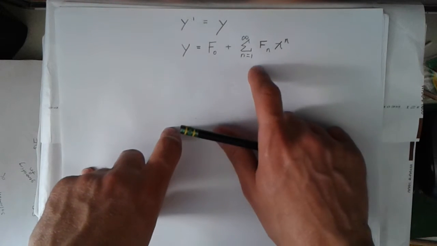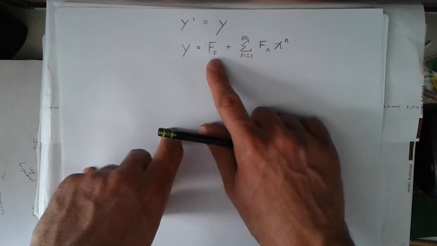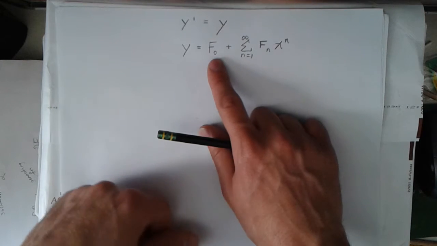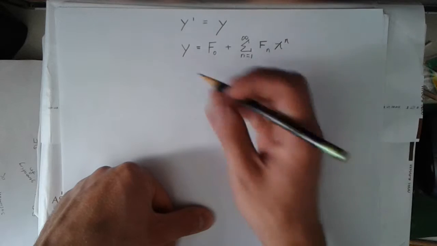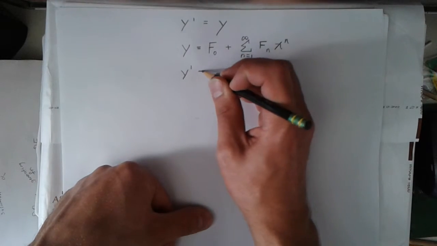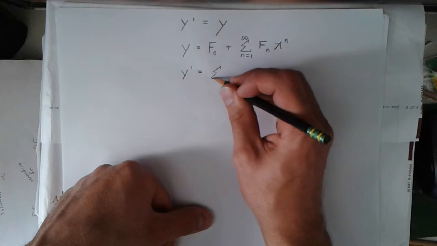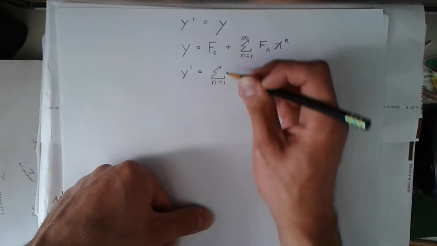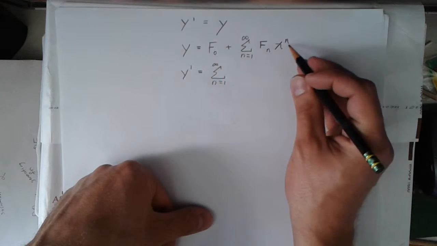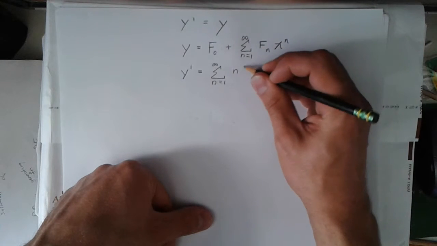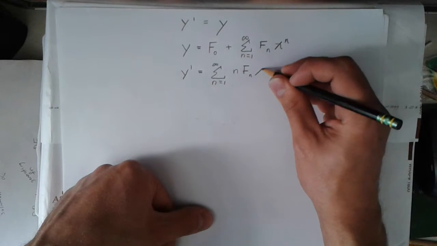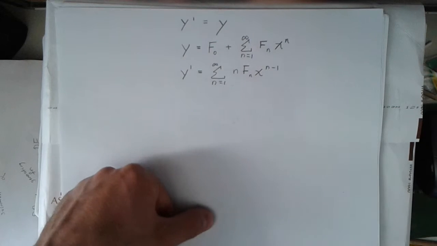You'll notice again I stuck this f0 term out front. This is just because when we differentiate, this term is going to go away anyway, and so we're just left with the remaining terms, and now this n is just going to come down, so we're going to have n fn x to the n minus 1.